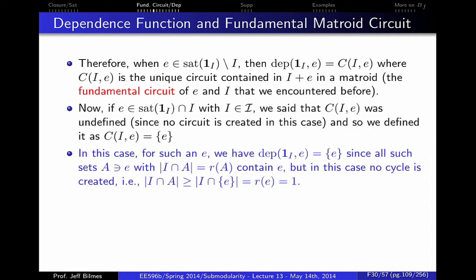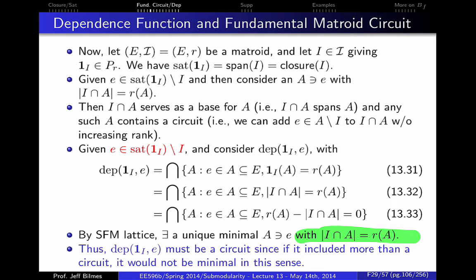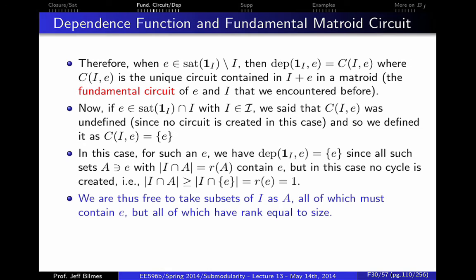If you look at the definition of dep from a couple of pages ago, if E is a member of I, we keep taking intersections, and E itself satisfies that inequality. The rank of element E is equal to 1, and that becomes the minimal element, and so dep of (I, E) when E is in I is equal to E itself. So therefore we just define this to be this.